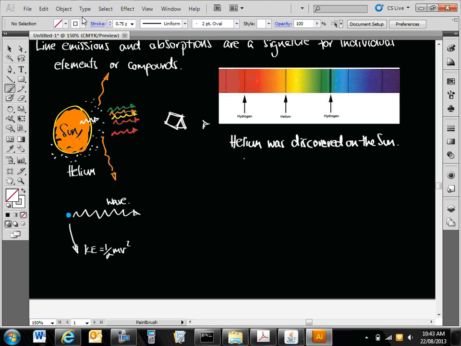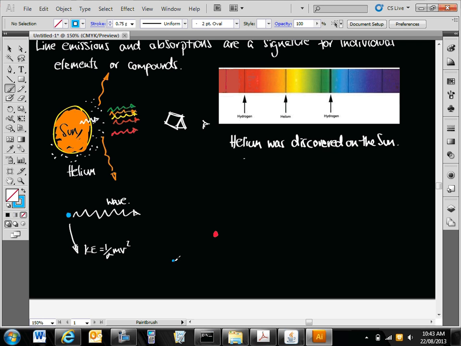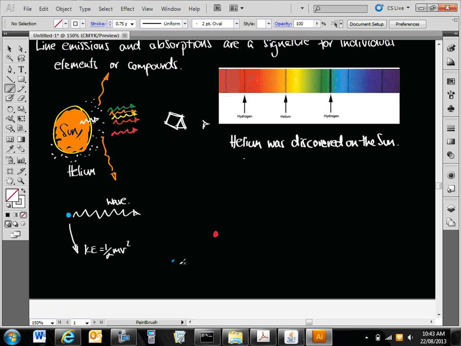Now let's draw a simple hydrogen atom with a proton in the center and a single electron. This idea that we've had for all of high school says that the electron travels as a wave around the atom.